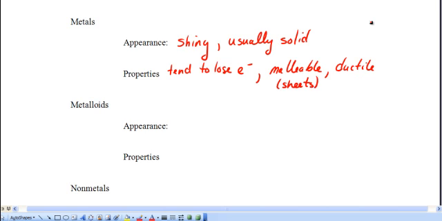You can form them. Ductile, meaning you can make them into wires. And they're going to be conductive. Conductors of heat and, it's an and sign, electricity. Heat and electricity.